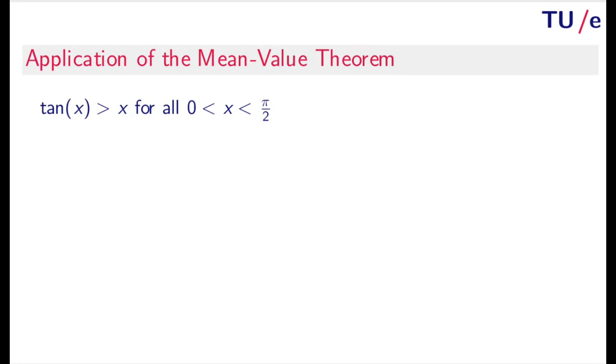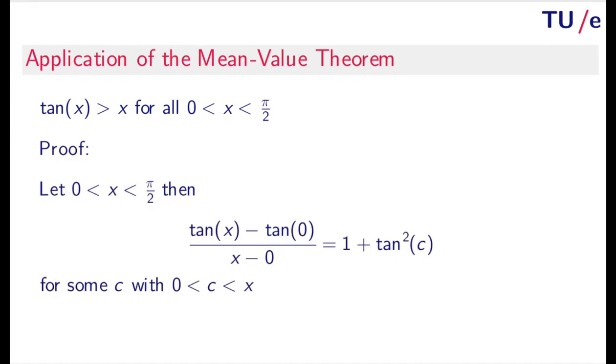Another application is the result that the tangent of x is bigger than x if we have x between 0 and pi over 2. And again, we use the same trick. Consider an x between 0 and pi over 2, then the tangent of x minus the tangent of 0 divided by x minus 0 is equal to the derivative of the tangent at some point c.